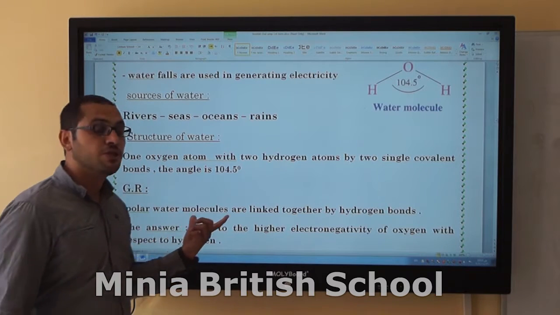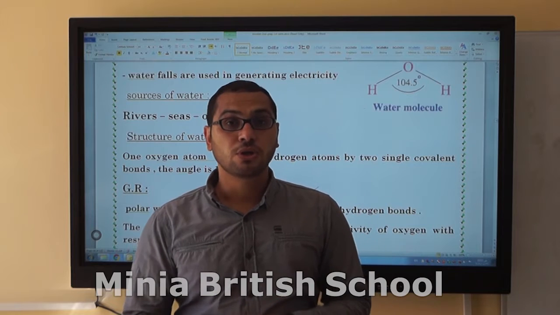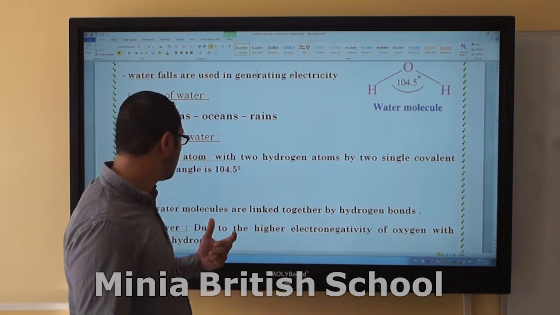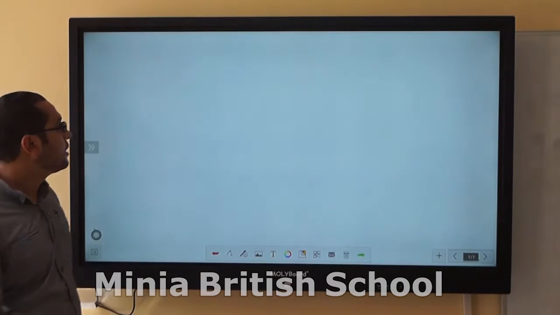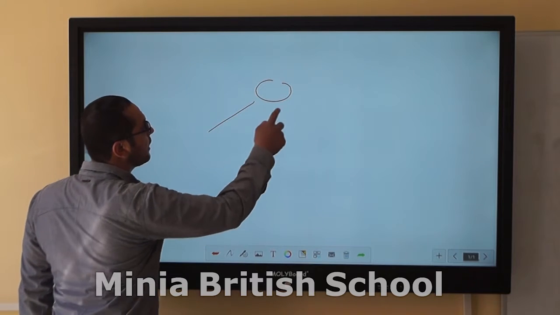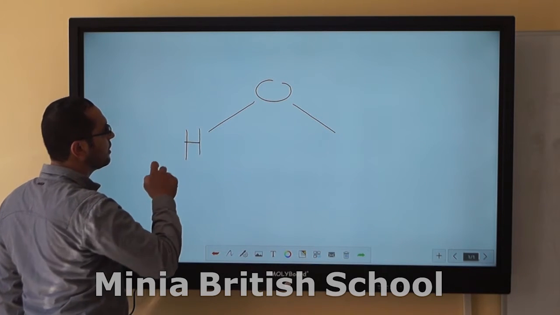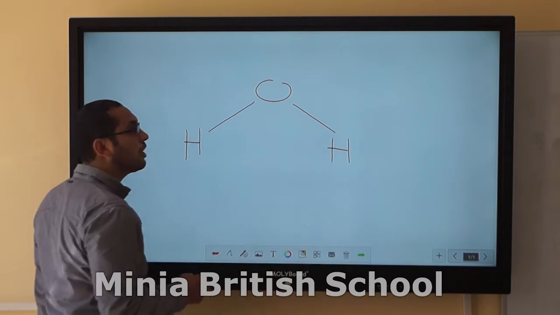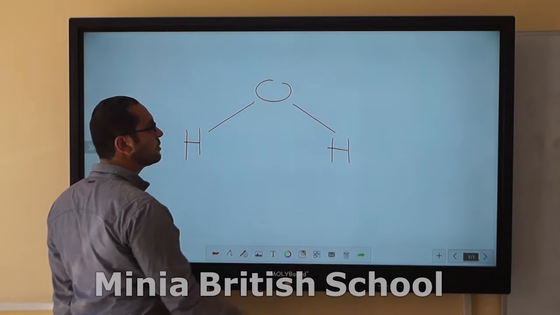As you know, the water molecule is composed of a combination of two hydrogen atoms with one oxygen atom joining together with two single covalent bonds.